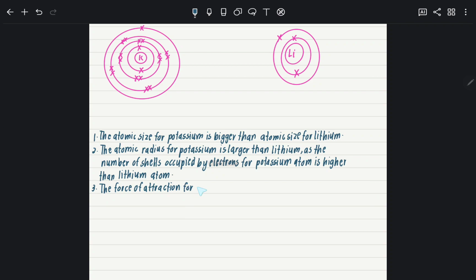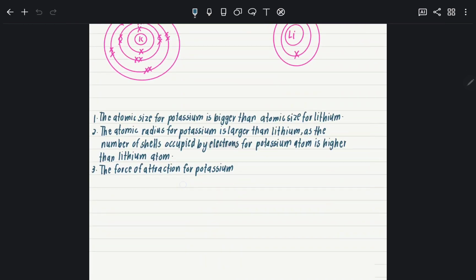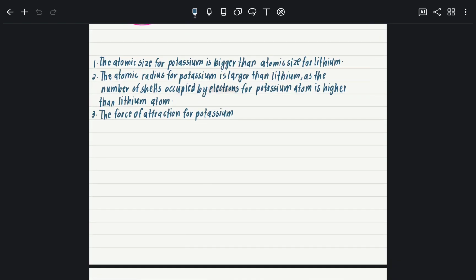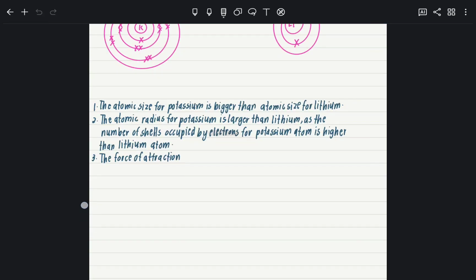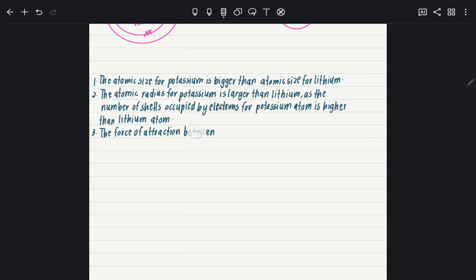For potassium atom, you nak kata potassium atom pun boleh, ataupun you nak kata force of attraction between, okay, nak kata between ke tak payahlah, just kata force of attraction lah.